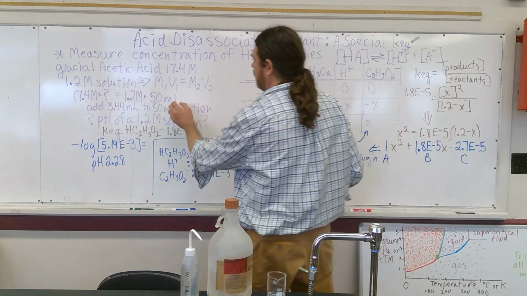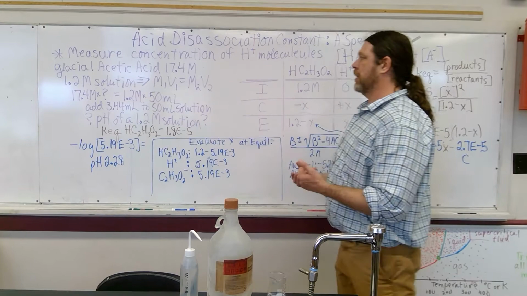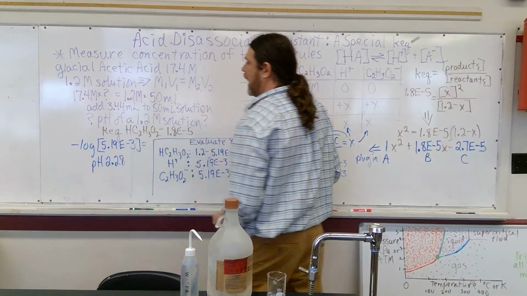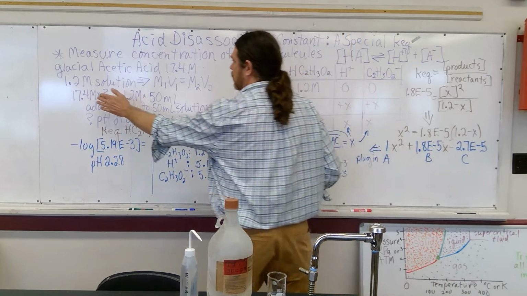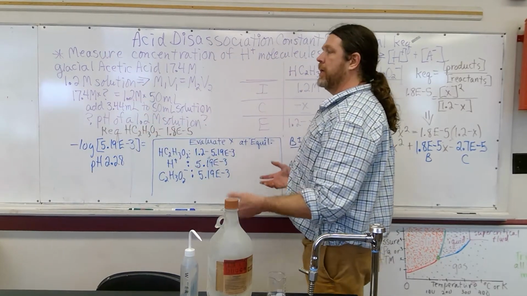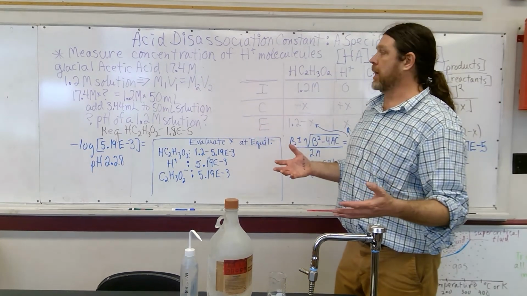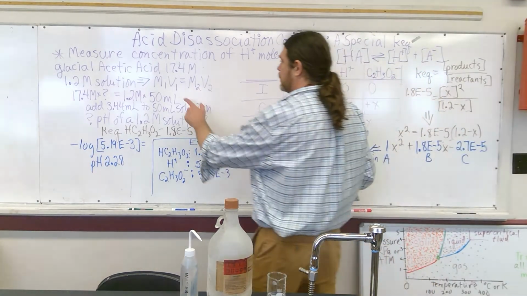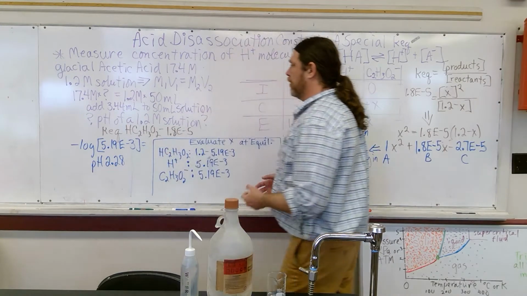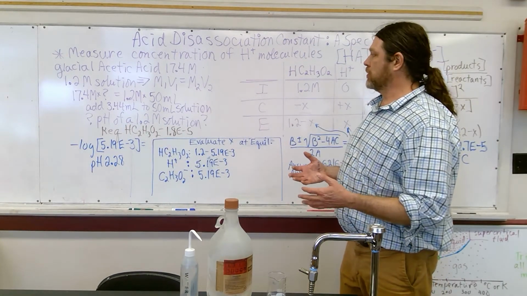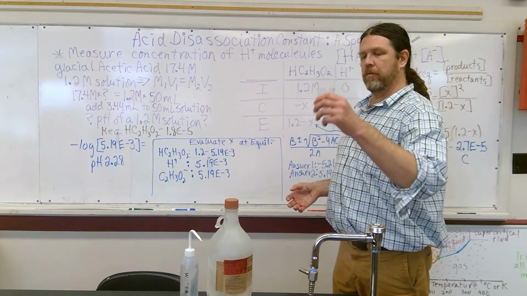Let's say that I only want 50 milliliters of a 1.2 molar solution. In other words, we would want to know how many milliliters of our concentrate we would put in and then bring to the 50 milliliter level with distilled or deionized water. This equation produces 3.44 milliliters that would go into the 50 milliliter solution. And that's what I've done here.